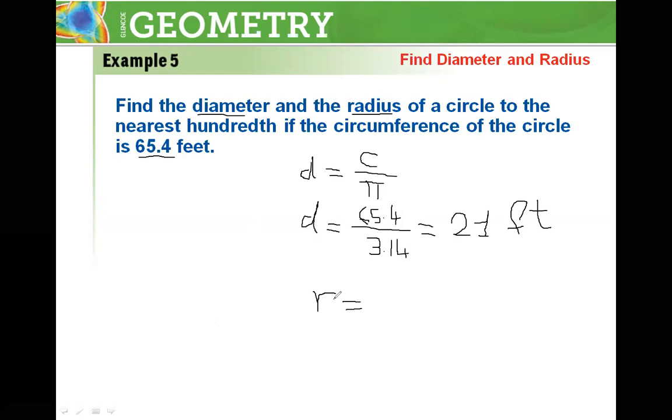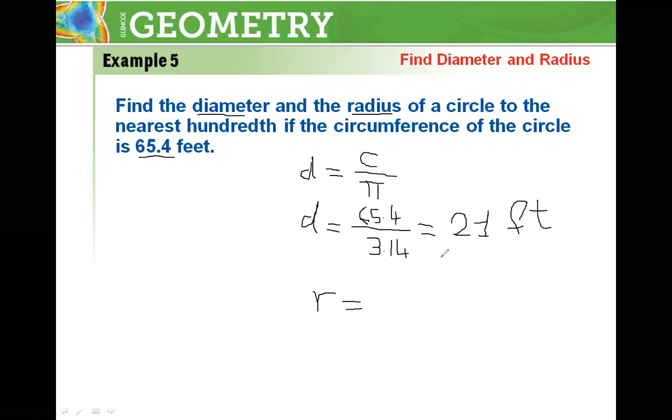I have the diameter 21. What is the relation between the diameter and the radius? If you have the diameter 21, what about the radius? No, no, no. The radius is half the length of the diameter.